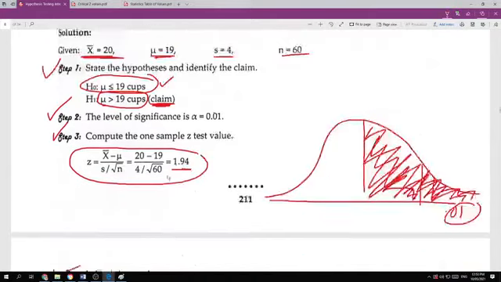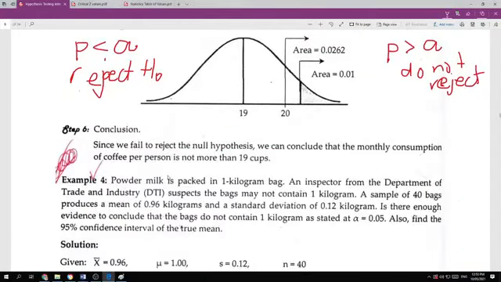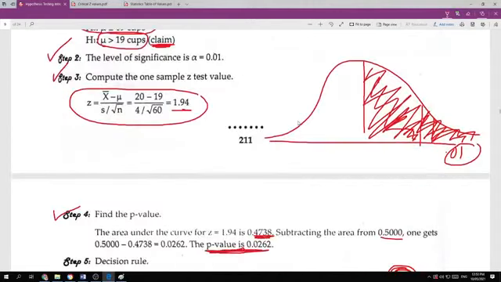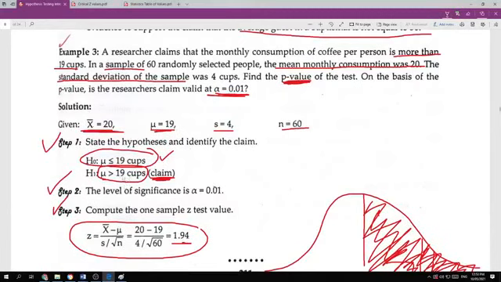So, meaning, you can decide and conclude here that, sir, since I will reject H0, because, it's, okay, this is H0, right? This H0 is less than or equal. Right? That's our H0. And what is our alternative hypothesis?